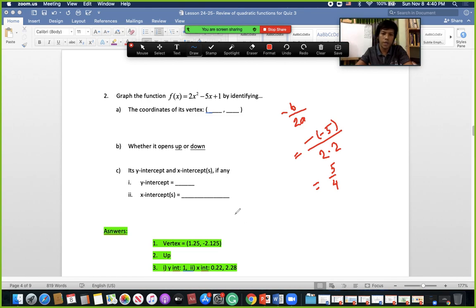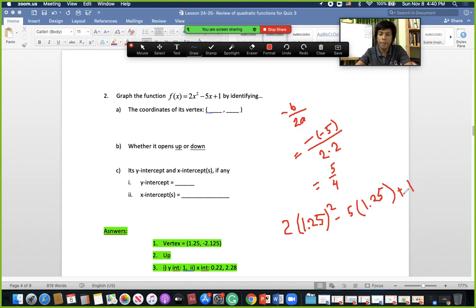Yeah. Now to get this y value, which is minus 2.125, what we have to do is put this 1.25 back in the question. So let me write this so that you can work on that. We have to put 1.25 squared, minus 5 into 1.25, then plus 1.